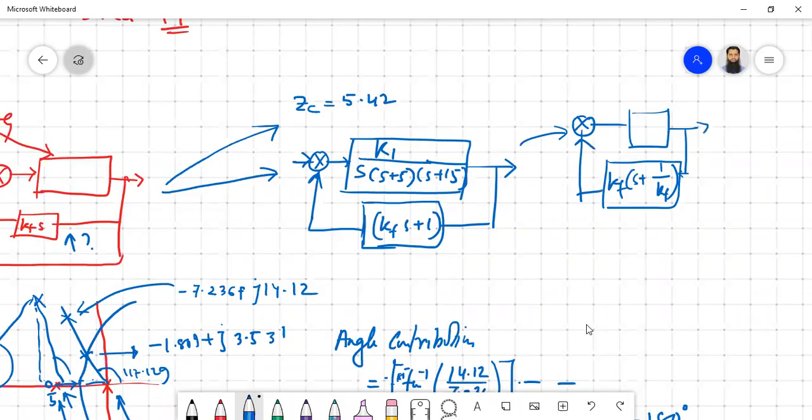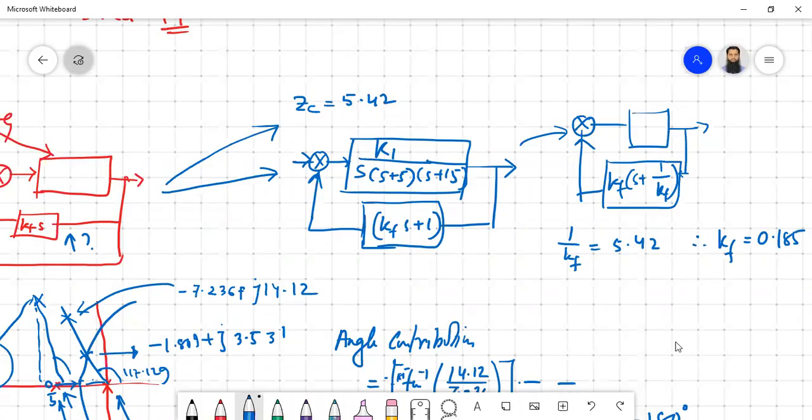What you can find is that if you want to plot it for the root locus, we already found the value of 1 by KF. 1 by KF is nothing but 5.42. From that, you can easily find out the value of KF, which is 1.185.